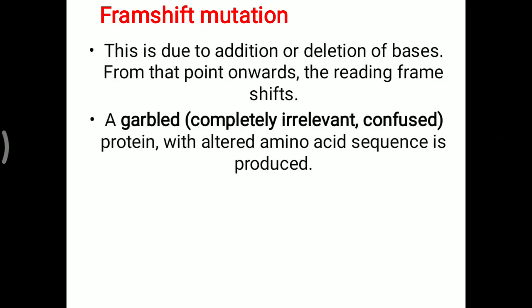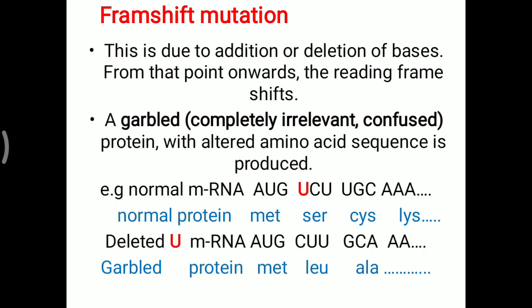Now for the frame shift mutation effect, you have to understand that this is due to addition or deletion of nitrogen bases. From that point onwards the reading frame is shifted, so it is named frame shift. A garbled, completely irrelevant or confused protein with an altered amino acid sequence is produced. It is explained here. Normally there is an mRNA sequence like AUG, UCU, UGC and AAA, coding for particular amino acids.